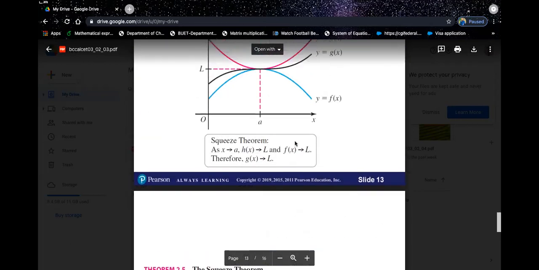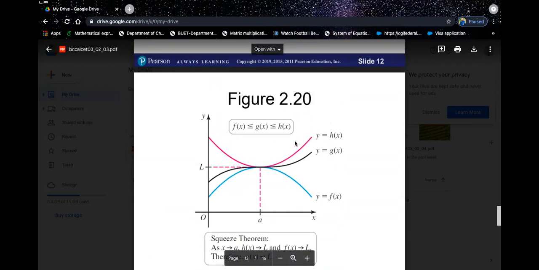Okay, let's see the graph. Here we have two functions, f and h. F is the bluish one and h is the pinkish one. And you can see our function g is in between these two functions. These two functions are creating a compact situation for this function g.